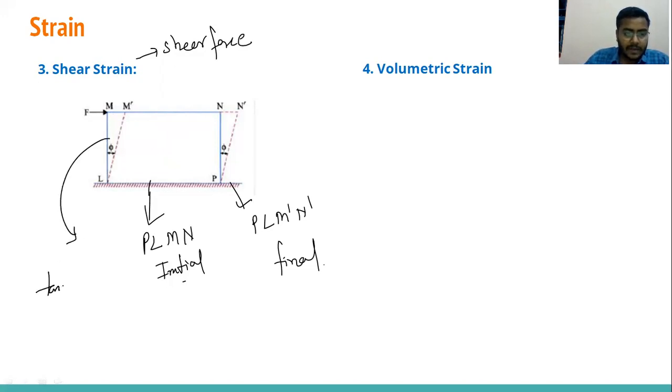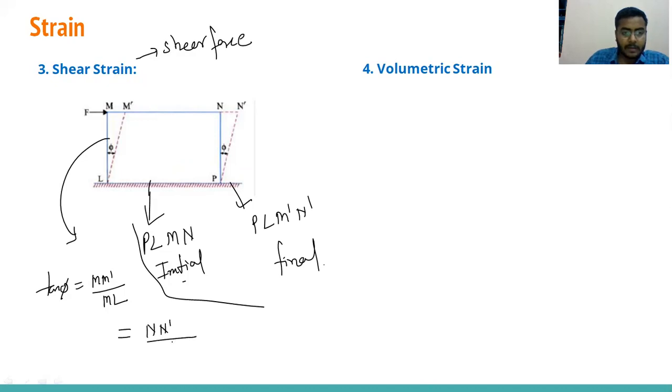So that phi gives us the shear strain. We can calculate tan phi. By geometry we can write it as the ratio of the deformation to the length, or n dash divided by E n. Some other deformation we can also get, like we can denote by this.